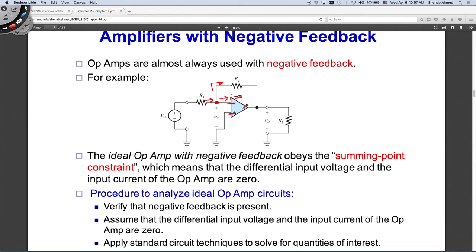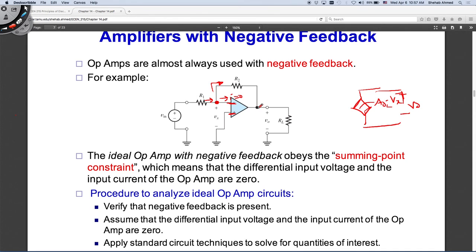When it was multiplied by the open loop gain, remember the output looks like the open loop gain multiplied by this Vx value, right? So if I have V input and I don't have this feedback, I will have a value for Vx, which means the output will be a very large value.